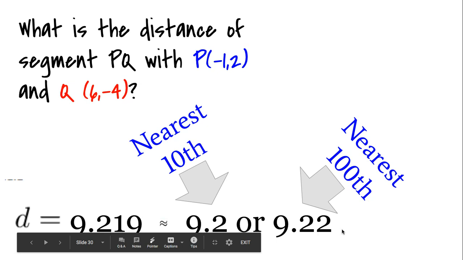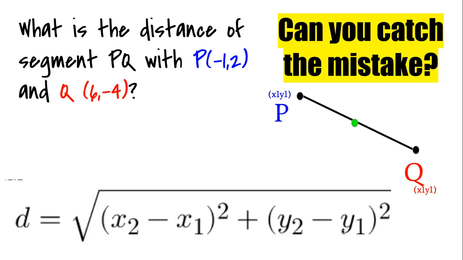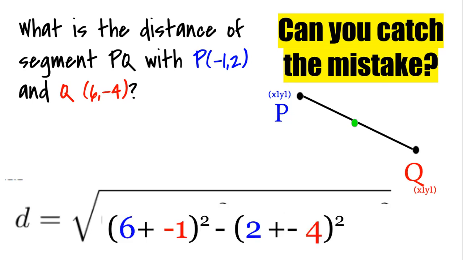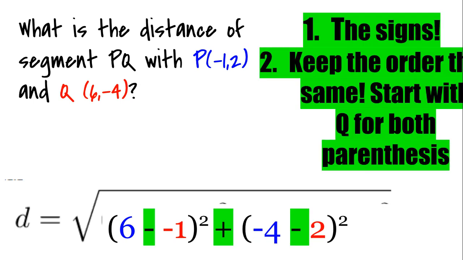All right, let's see if we can catch the mistake. Here's our distance formula. There are 2 mistakes here. The first mistake is the signs.